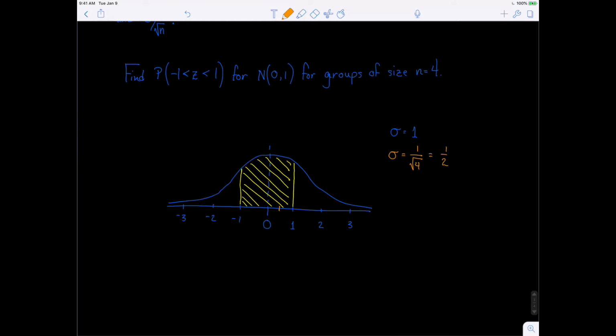For my new curve, the standard deviation is 1, so this is 1 standard deviation, this is 2, and this is 3 right there. And if we go the other way, it would look like this.